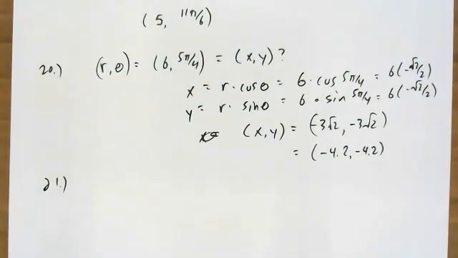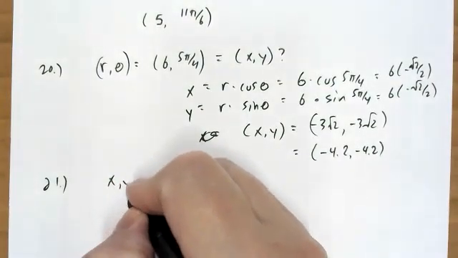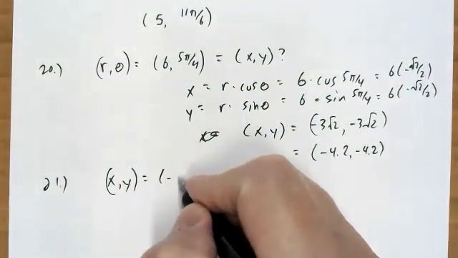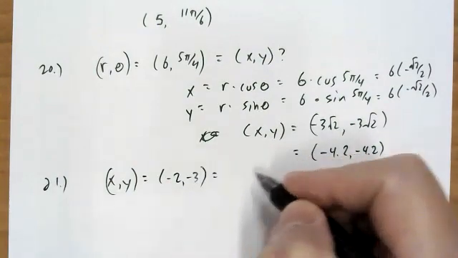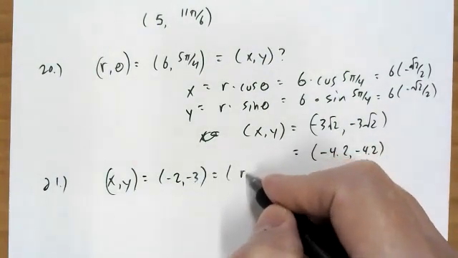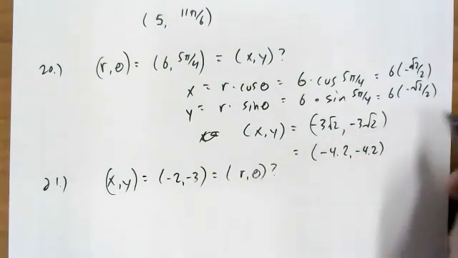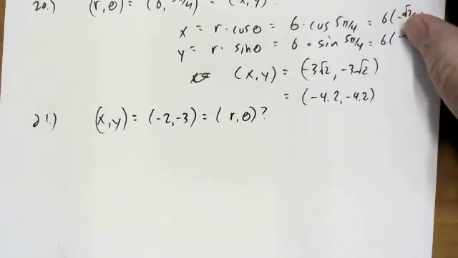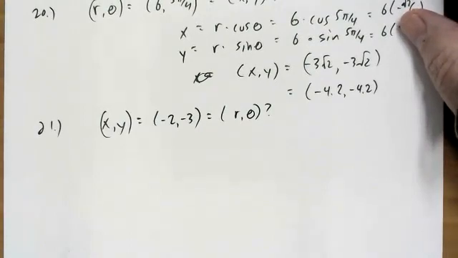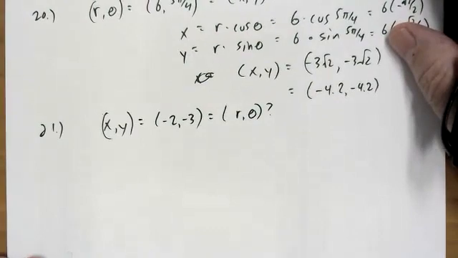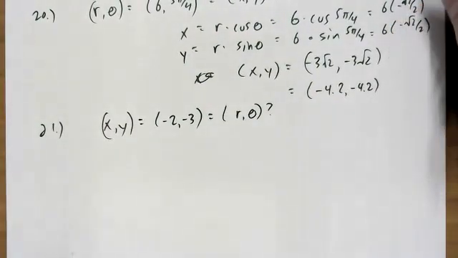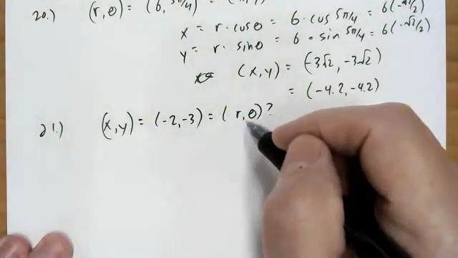And the last problem, they give us a point in rectangular coordinates, and they want to know what that would be in polar coordinates. Once again, we use the same equations that we used back when we were working with vectors, going back and forth between the ij and magnitude direction.